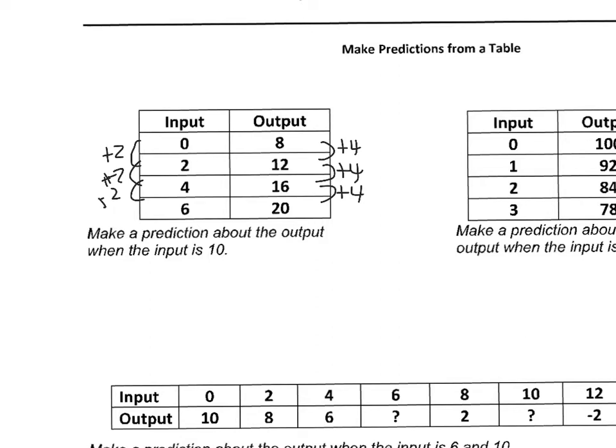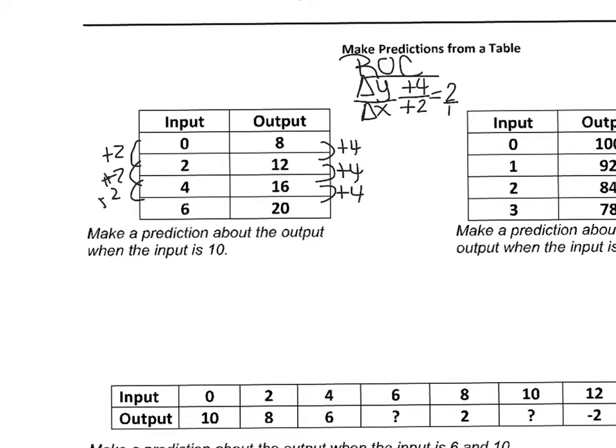So if you think about rate of change, the change in my y over the change in my x. So the change in my y values, which was plus 4, over the change in my x values, which was plus 2. And if you simplify that, 4 divided by 2 is 2, or you could say 2 over 1.